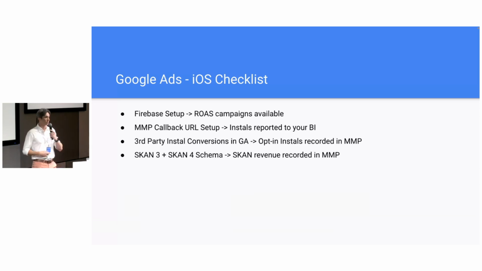Otherwise, you will not see any tracked installs in your dashboards. And the last one, make sure to set up SCAN 4, because recent updates proved that you will not receive any revenue data without SCAN 4. So after the checklist is done, we can move on to the campaign setup.